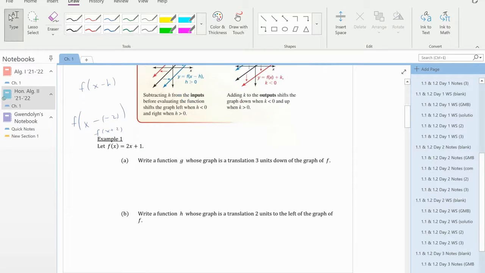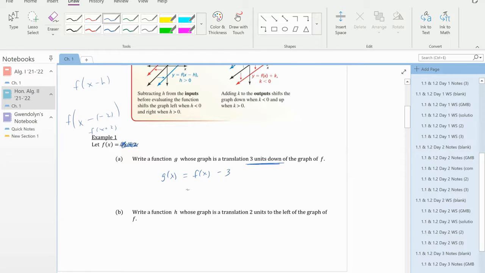Here's where you really show that you understand this. Don't worry about what the function is for just a second. There's some function, and we're going to come up with a new function, G, that translates it 3 units down. Whatever the function was before, subtract 3 from it, because that will move it 3 places down.